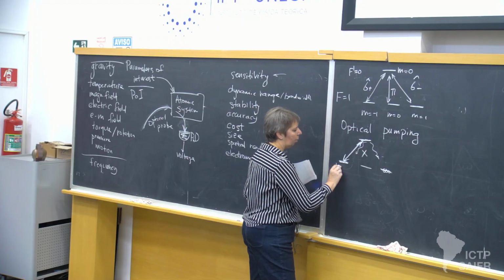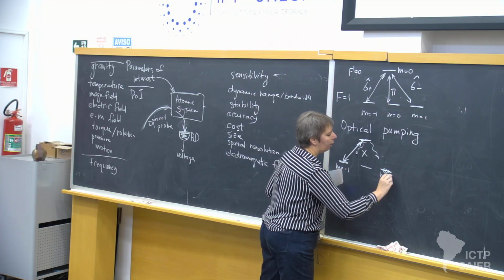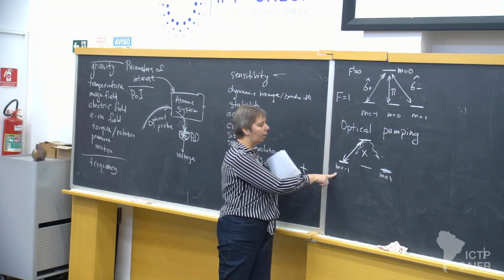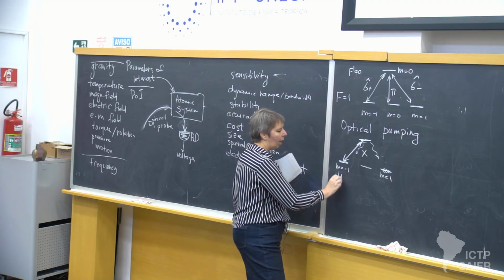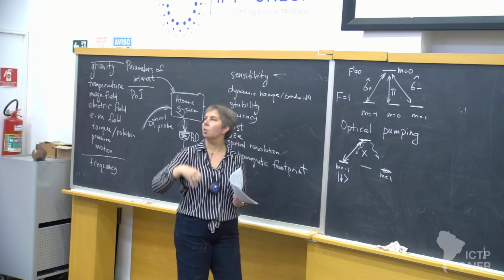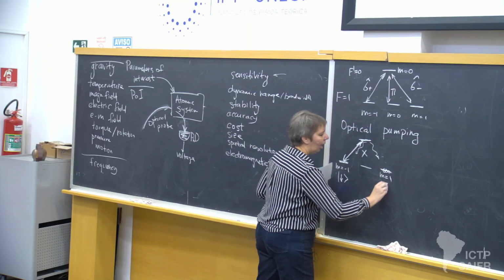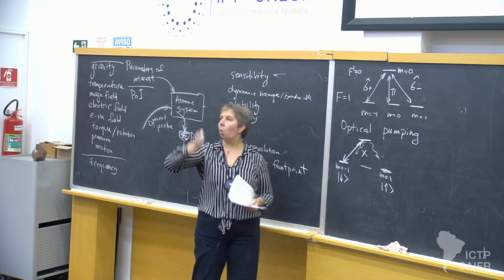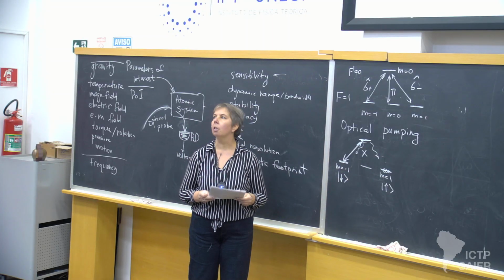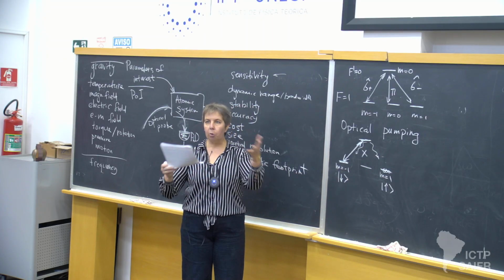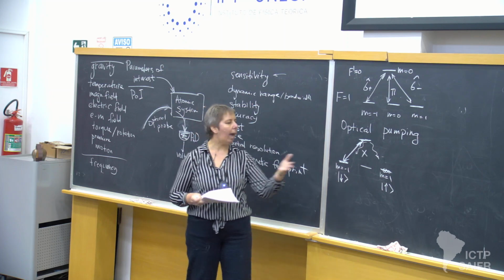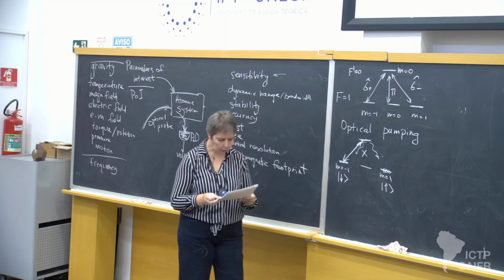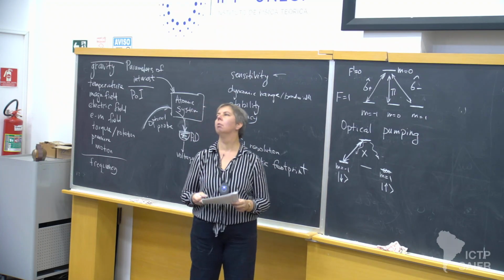So if we started with m equal to -1, we will find all the atoms in m equal to 1. You will see it often that m equal to -1 means that the spin is oriented against the magnetic field, and m equal to 1 is oriented along the magnetic field. So now we prepared all the atoms in the same orientation. That means if you have many atoms, you created actual magnetization in your system. Okay, great. We did that.